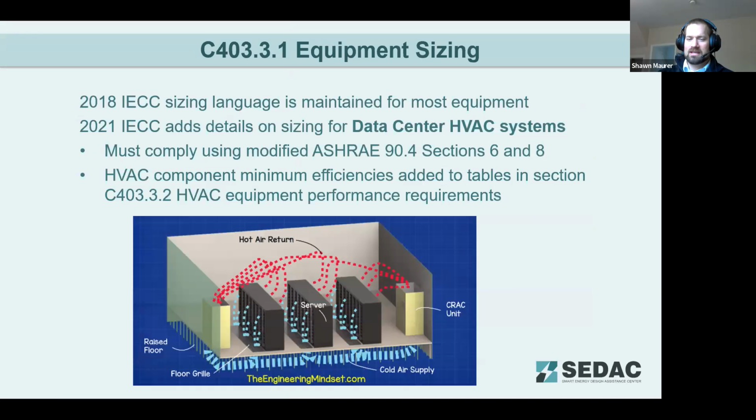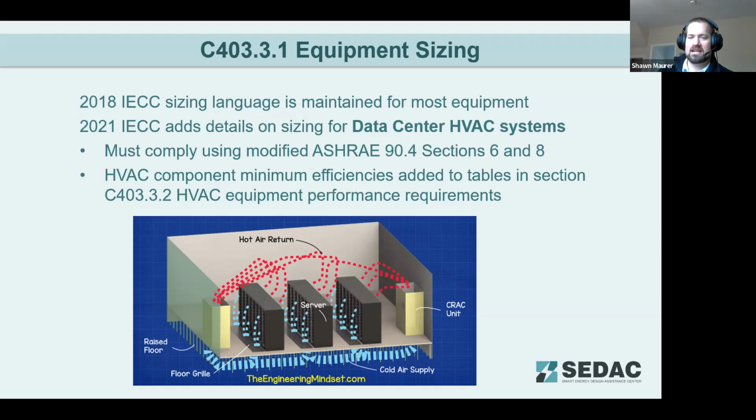Next one isn't really a change from the 2018 IECC, but we want to touch on equipment sizing just because this is so important for buildings. So the language is maintained from the 2018 IECC. There's not much different here, except that there is some clarification in that the 2021 IECC breaks out sizing for standard building systems, most general commercial buildings, and then data centers have their own equipment sizing standard that they must follow.